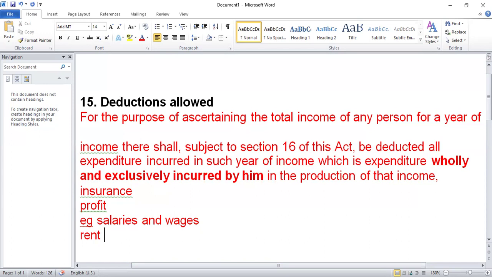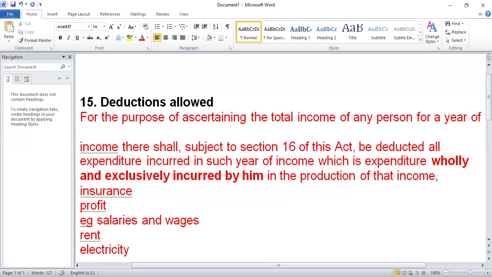This is the same case with electricity. This is also a normal allowable expense because without electricity, nothing will be happening. People cannot be working on their computers because of lack of electricity. So electricity will generally lead to the production of the profit.